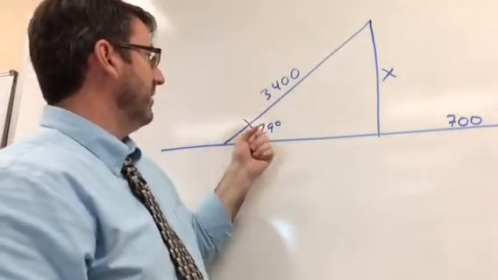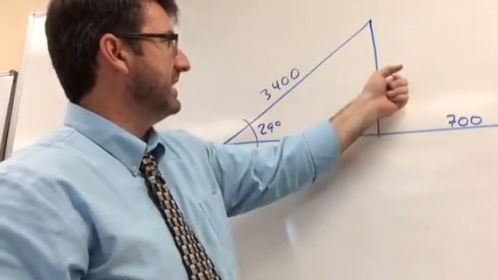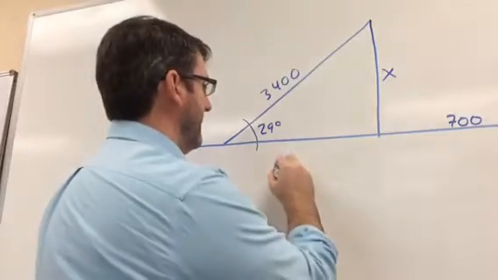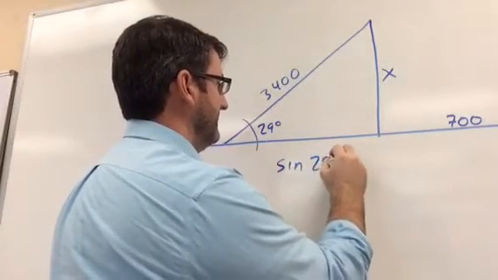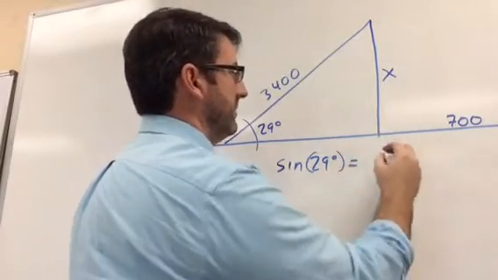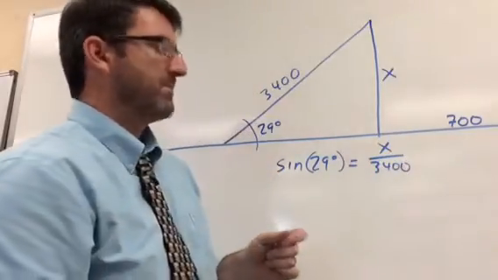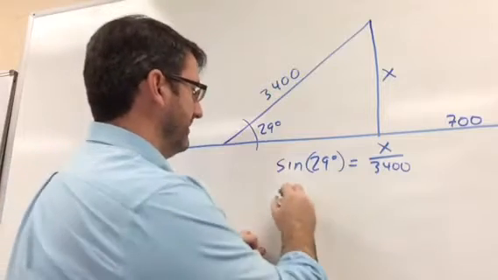All right, so we know this angle, we know the opposite side, and we know the hypotenuse. So let's use sine. The sine of 29 degrees is going to be equal to x over 3,400. Then we can multiply both sides by 3,400.